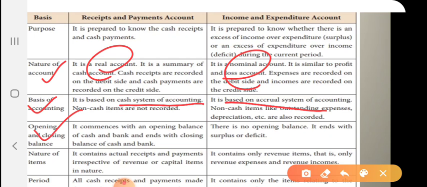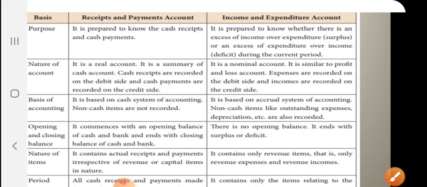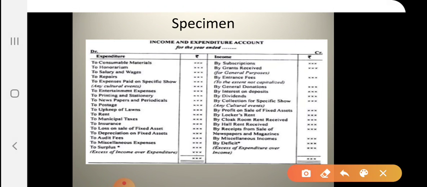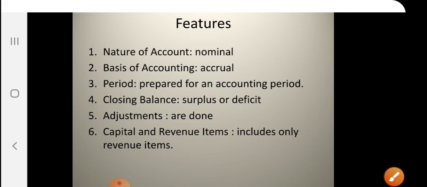Next is opening and closing balances. We start our receipt and payment account with the opening balance of cash and bank, and it ends with the closing balance of cash and bank. Our income and expenditure account has no opening balance, and it ends with surplus or deficit. I want to show you in the specimen: see here, it doesn't start with any opening balance, but it ends with the deficit or surplus.